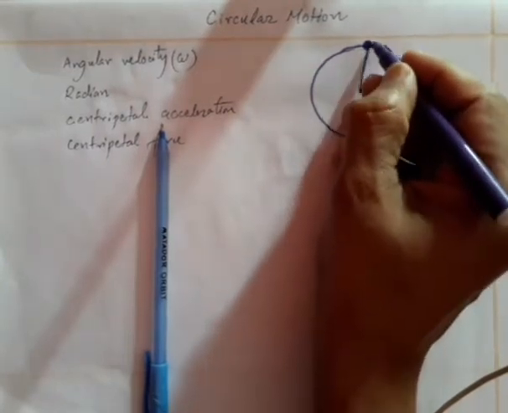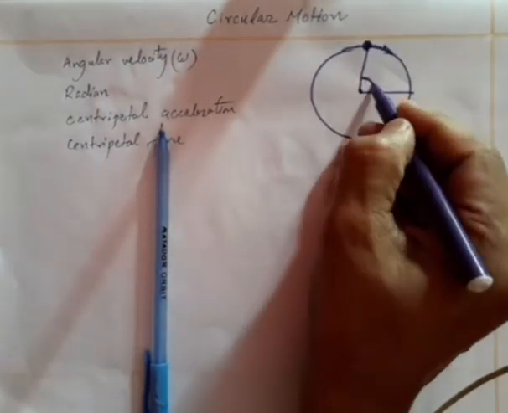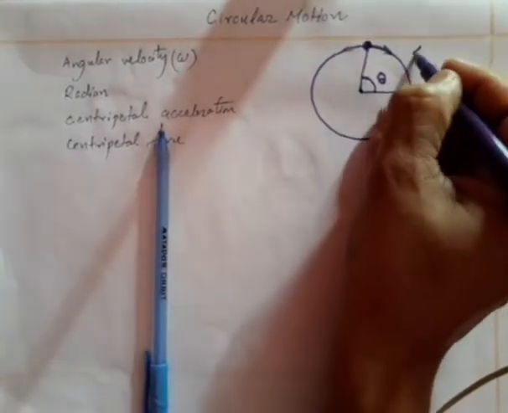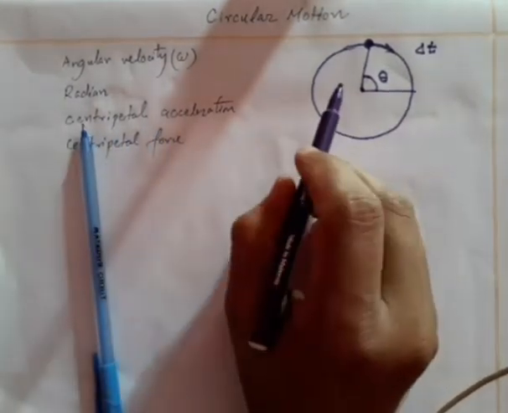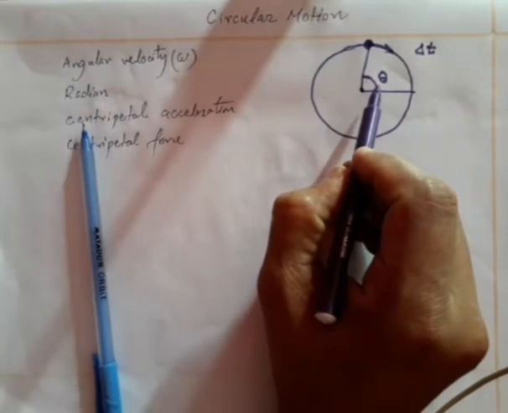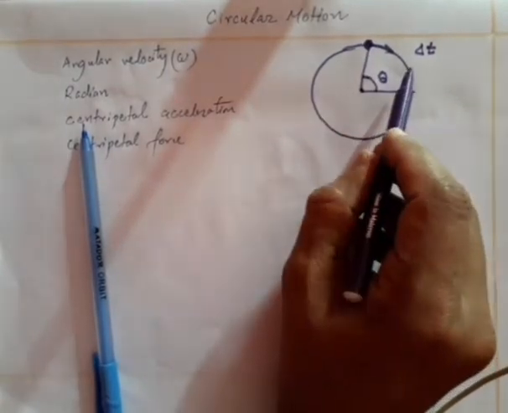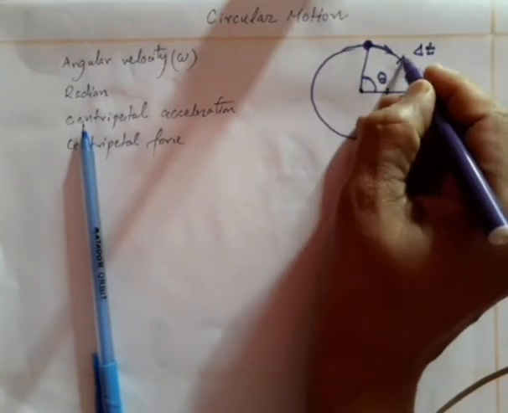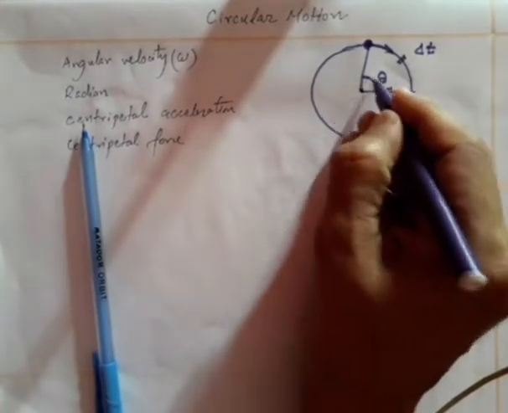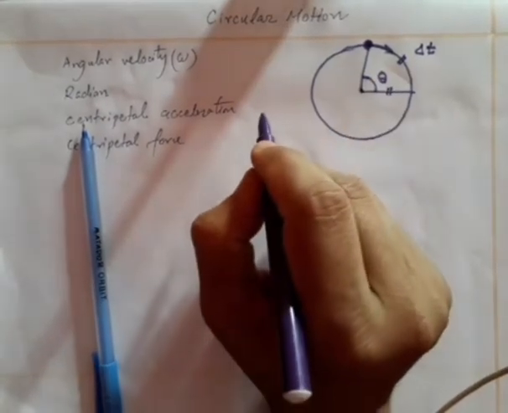Now think the object is rotating and producing angle theta at time t. Okay, the object is making angle theta at time t.